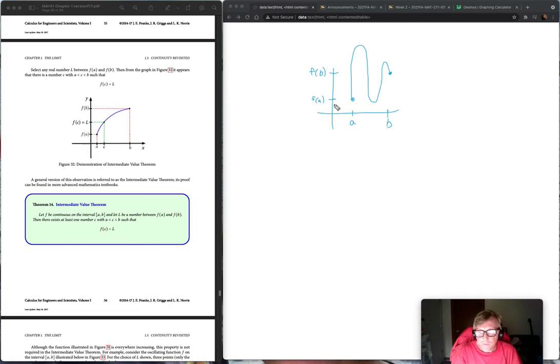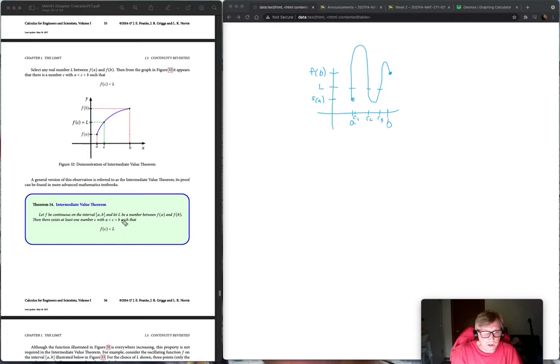The theorem says pick any number you want in here. There's got to be at least one number whose y value is that number. And in fact, there's a bunch of them. There's one there, one there, one there. So there's a C1, a C2, and a C3.